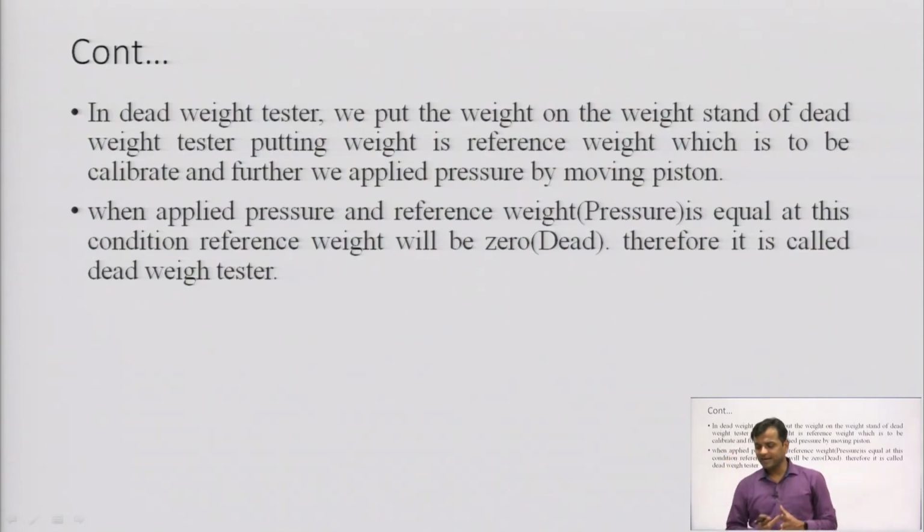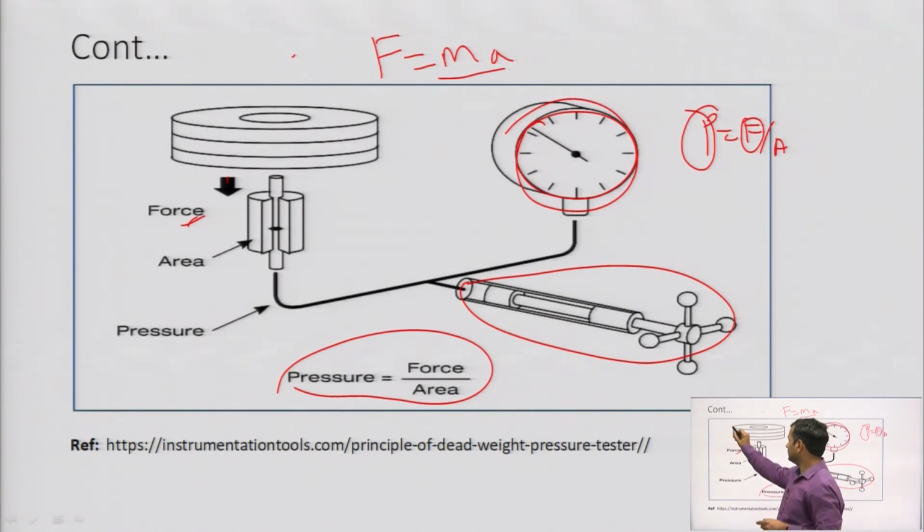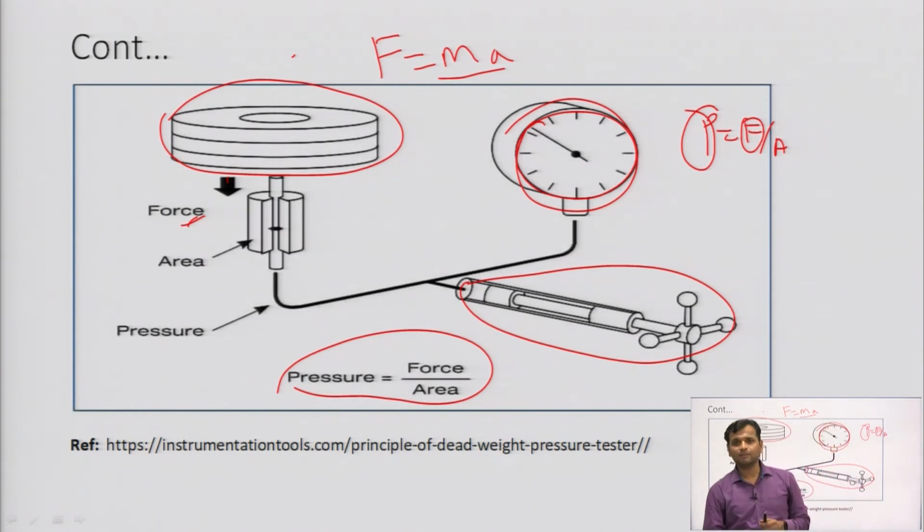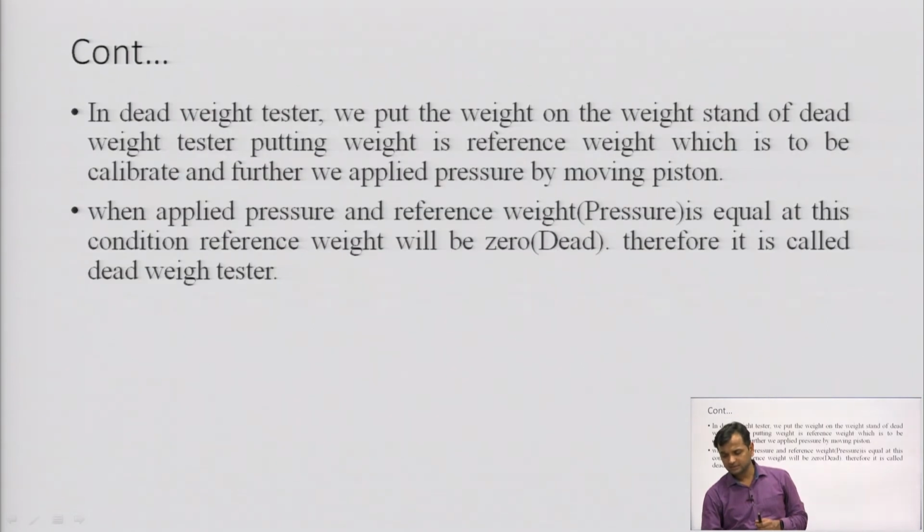Basically, in the dead weight tester we put the weight on the weight stand of the dead weight tester. The weight we put is the reference weight, and further we apply pressure by moving the piston. So, from this basic diagram, from the standardized weight we can measure the pressure and calibrate our other devices. That is the basic working of the dead weight tester.